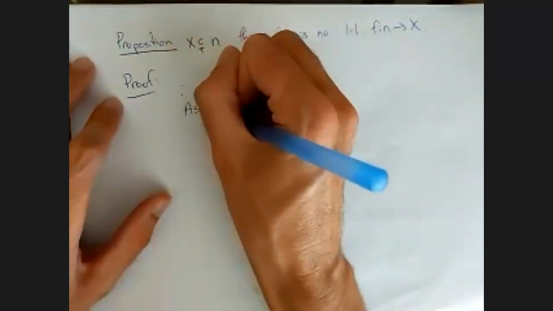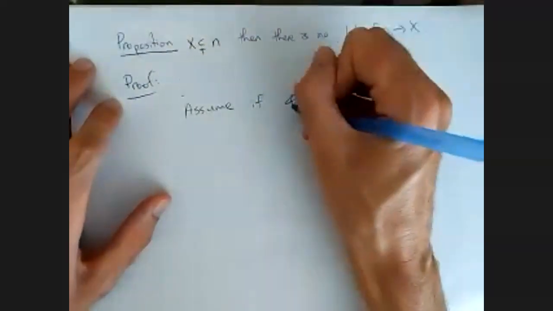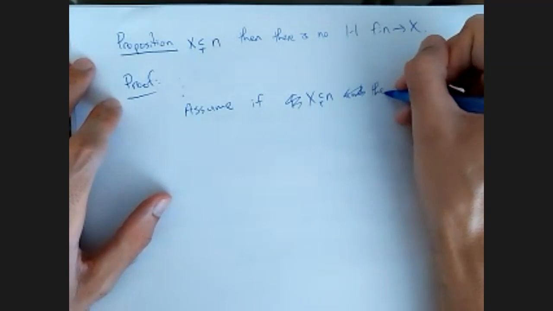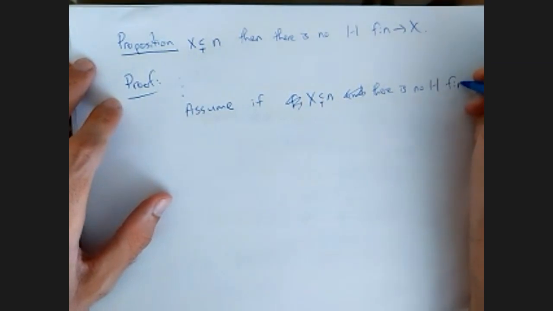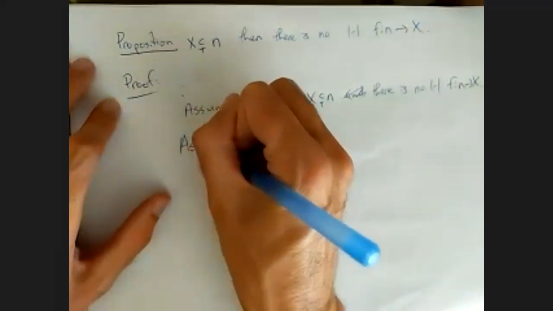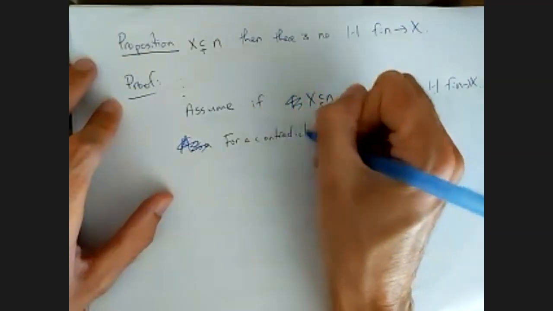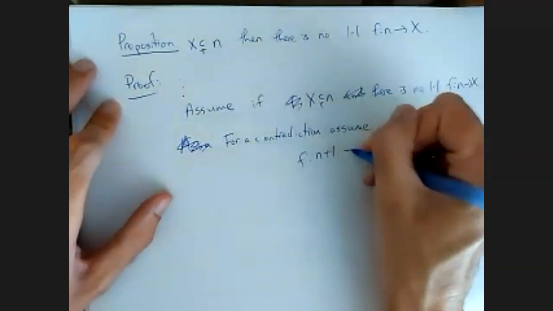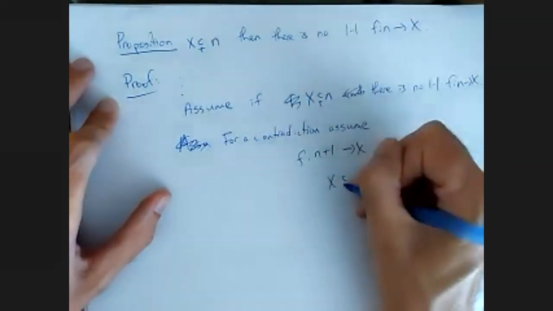We were assuming that if X is a proper subset of N, then there's no one-to-one F from N to X. We have to show the same thing is true for N plus 1. So now assume, for a contradiction, F goes from N plus 1 to X, where F is 1-to-1, and X is a proper subset of N plus 1.